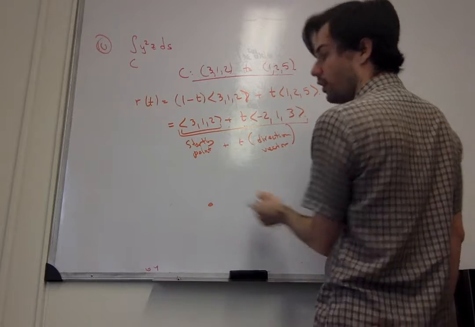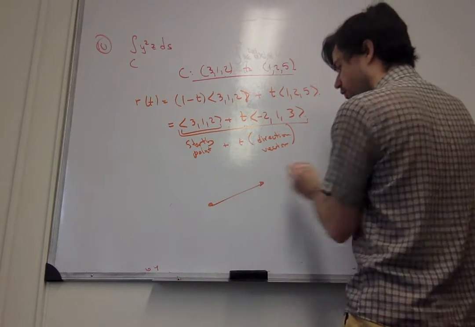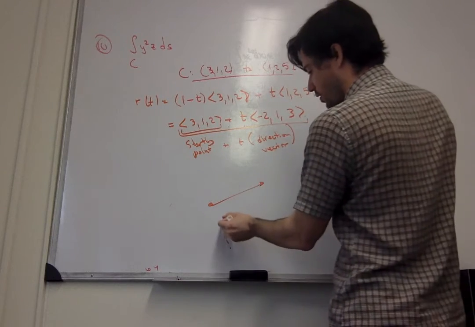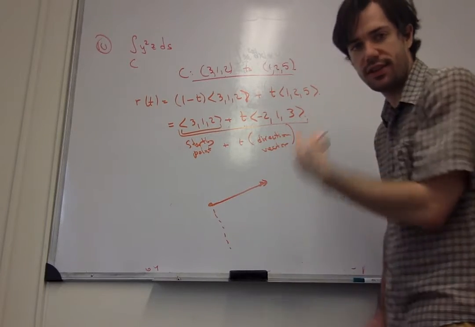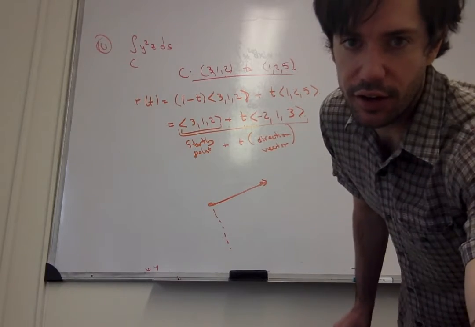Your starting vector gets you here, then you move in a direction, and when t equals 1, you're at your final destination.